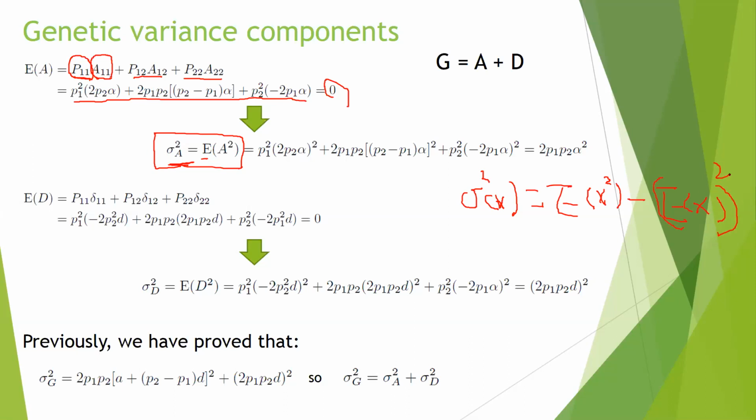This is the formula. But in this case, we have already calculated that the expectation of X equals 0, so this term is gone. We just proved this, right? That's why the variance of the breeding value is just equal to the expectation of A squared.